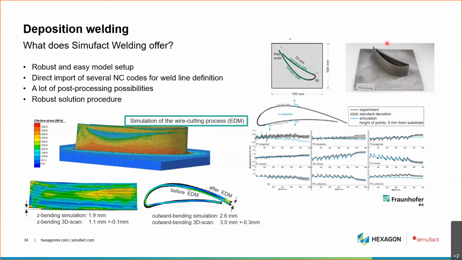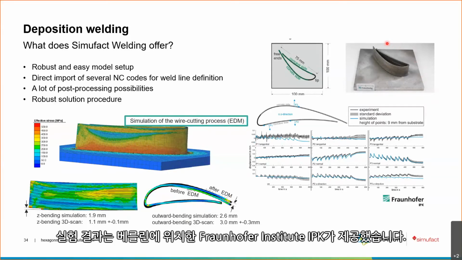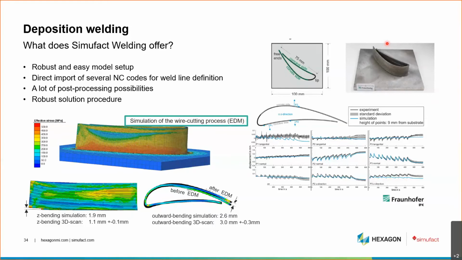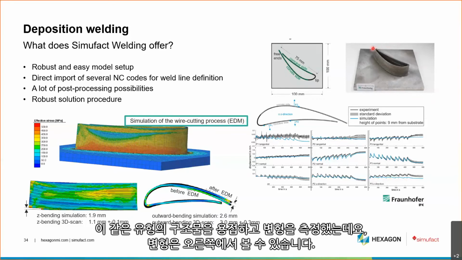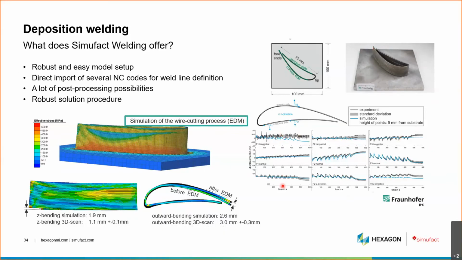The measurement comes from our partners at Fraunhofer Institute EPK in Berlin. They have welded such a structure, and they have also measured the deformations. And we can see that the deformations, kept here on the right side, are caught really well by the simulation.